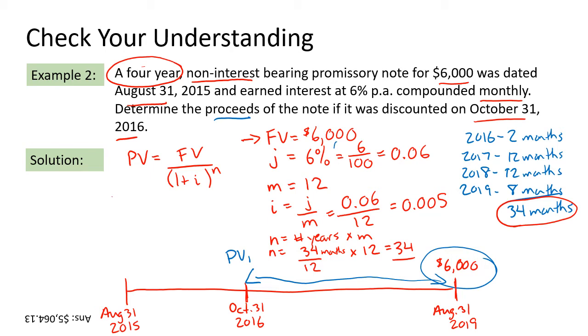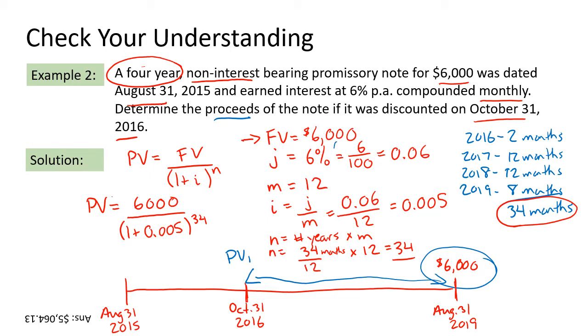So now with all this information, you have to substitute that into your formula to find the present value that they would pay, since they're paying their loan back early. So their present value is equal to the future value, $6,000, divided by 1 plus your periodic interest rate, 0.005, and that's all to the exponent 34.